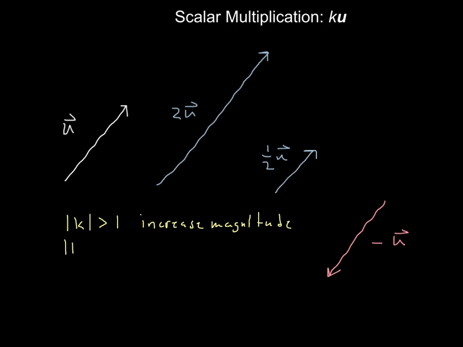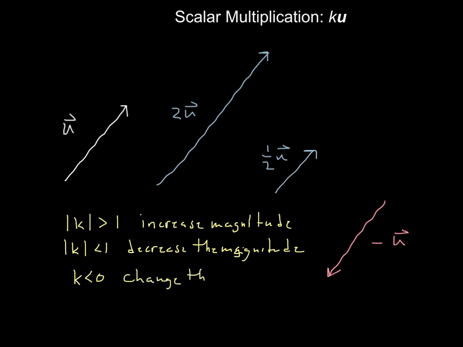If the absolute value of k is less than 1, that's going to decrease the magnitude. Spelled that wrong, but you got the idea. And then if k is negative, if k is less than 0, it's going to change the direction.